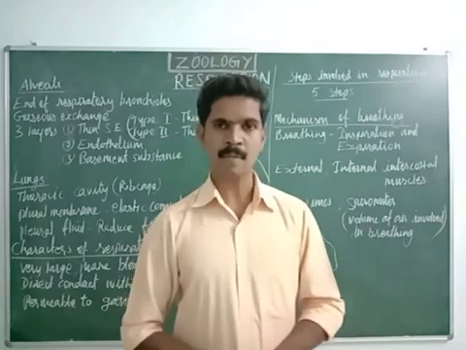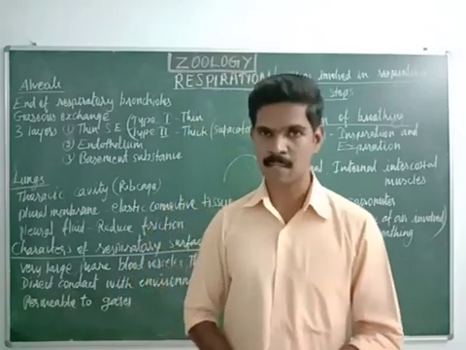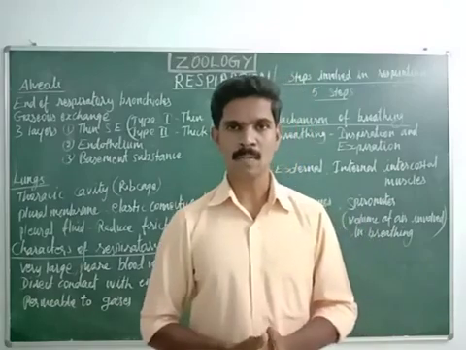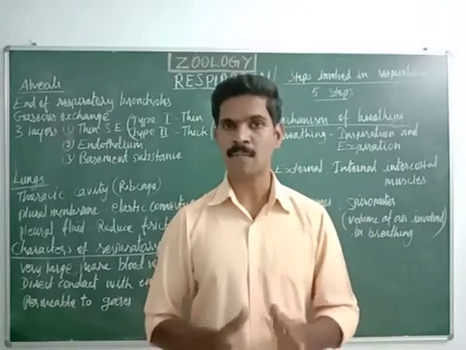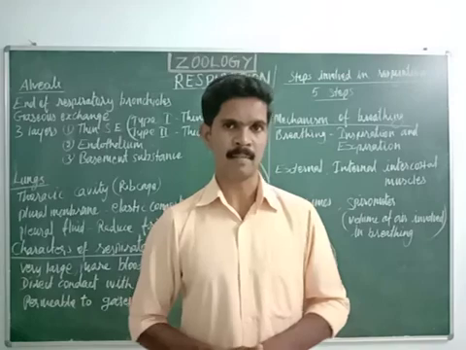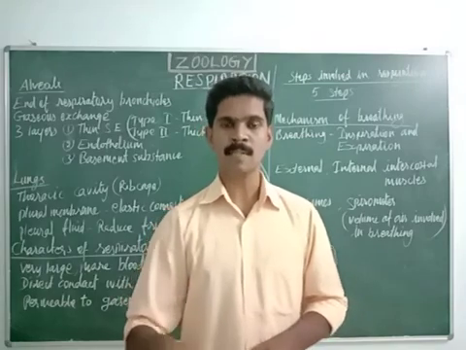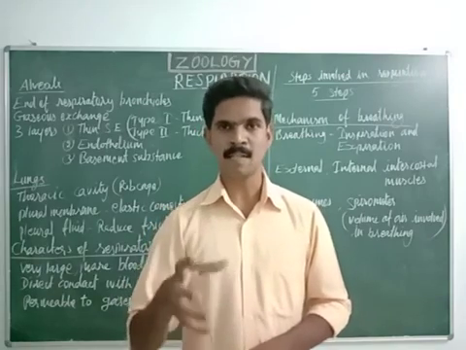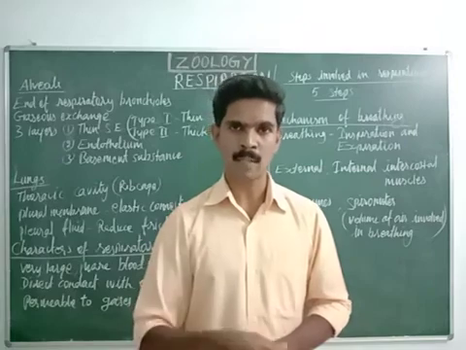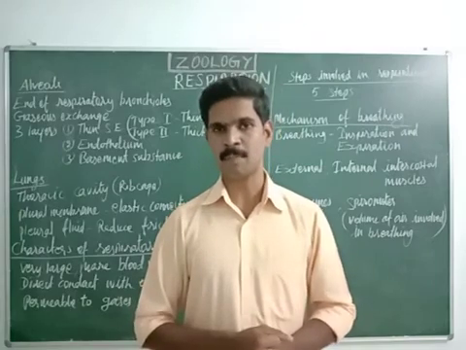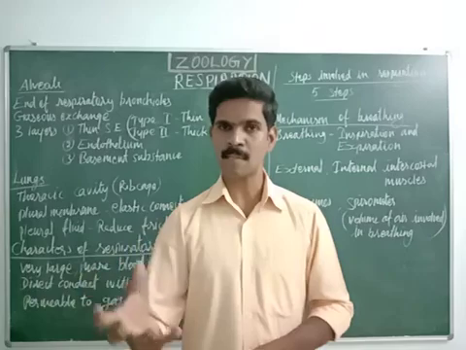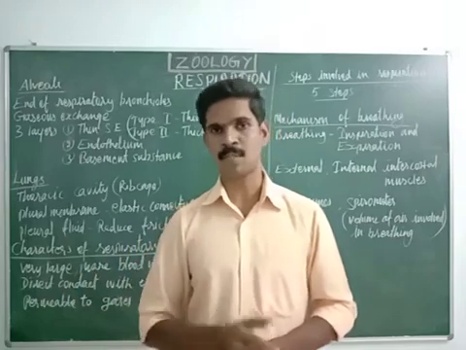So the expiration process is initiated while the internal intercostal muscle is contracting and the diaphragm muscle is in a relaxed condition. Because of these two muscles' activity, the ribs and the sternum bones are coming to their original position. The diaphragm muscle is coming to its original dome shape.